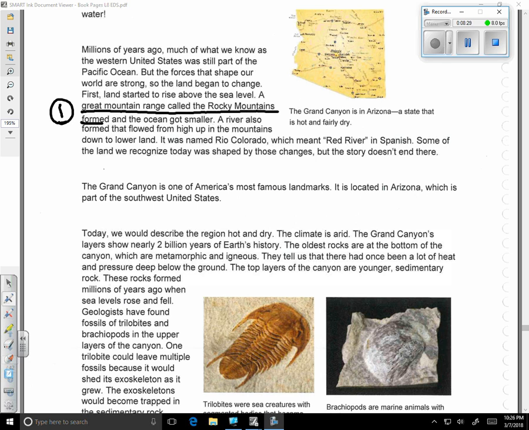And what we know about that and how we know the Grand Canyon is part of that is because at the bottom of the Grand Canyon, the rocks are igneous, which we're talking about volcanic rocks, and metamorphic.